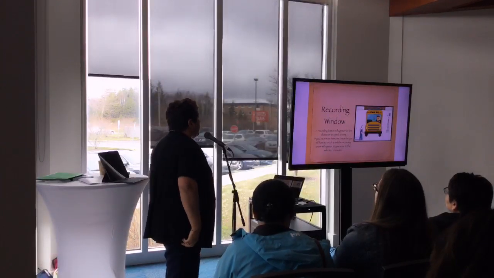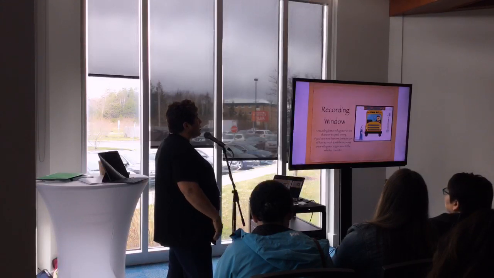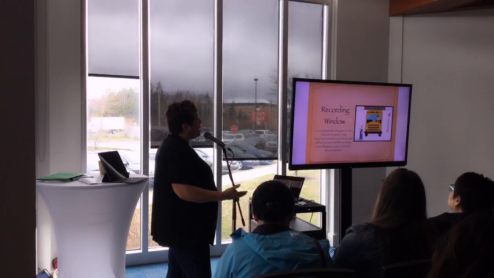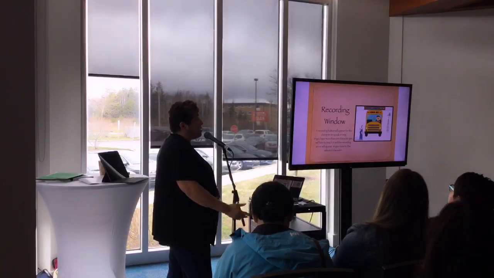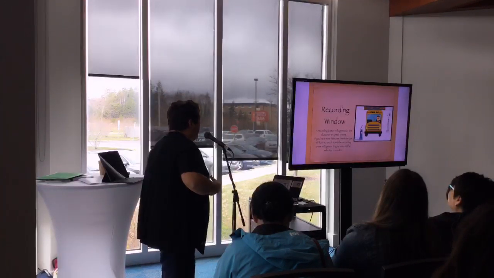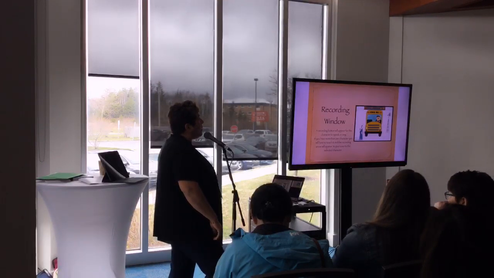Now, then you get to the other part. Okay, I selected my character, I selected my scenery, and I also selected my prop, a windmill. And then you will see a recording button at the left side of the top page.